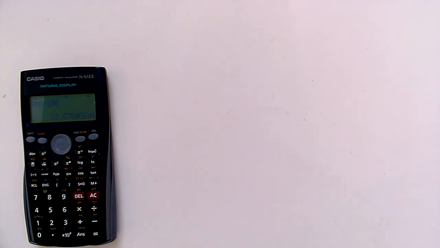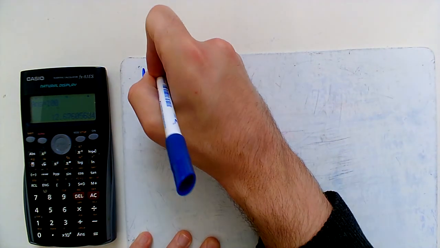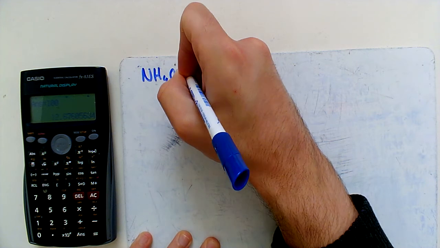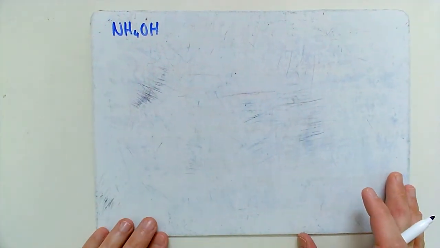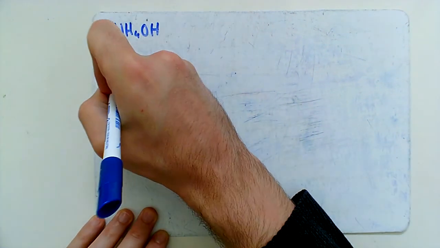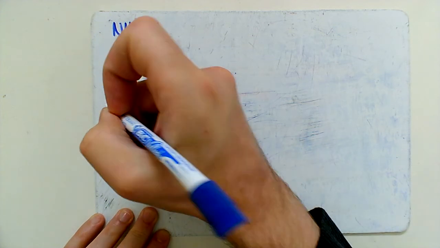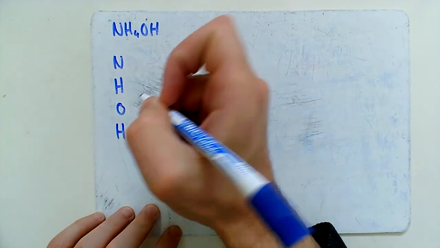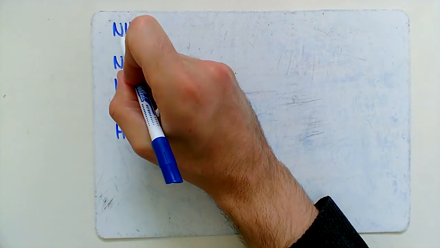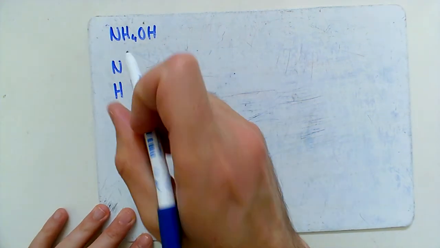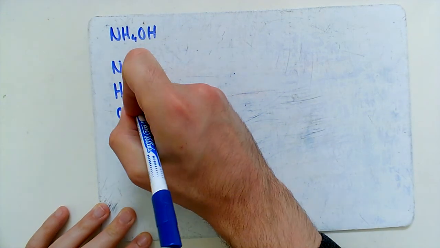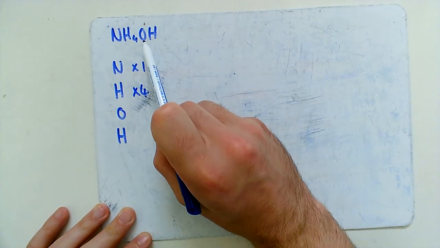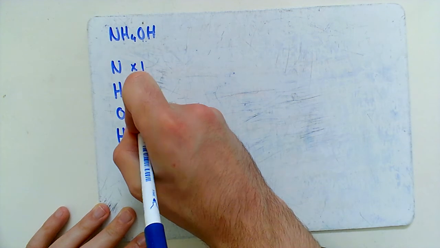I'm going to do one more example, and I'm going to do NH4OH. Now this one, what have I got? I've got nitrogen, I've got hydrogen, I've got oxygen, and I've got hydrogen. Nitrogen, no number after it, so times 1. Hydrogen, 4 after it, times 4. Oxygen, no number after it, times 1.